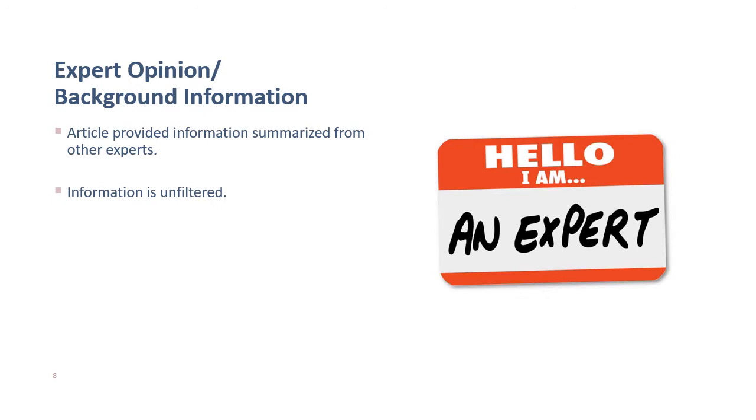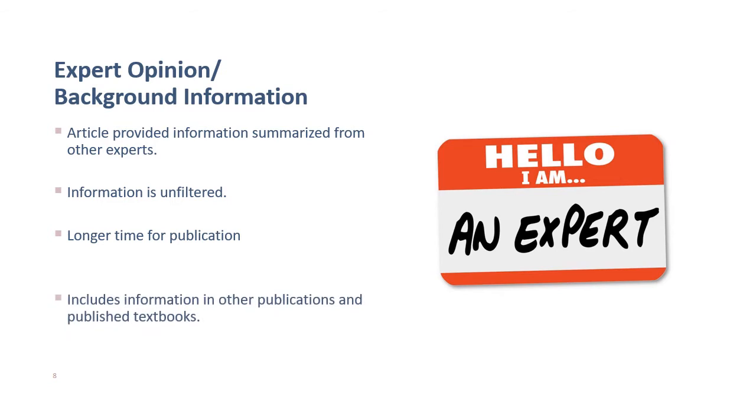Another feature of expert opinions or background information is that, as was aforementioned, the information is unfiltered. So even though it draws from many different sections, the collective or the summative article itself has a lower quality of evidence. Next, it has a longer time for publication.